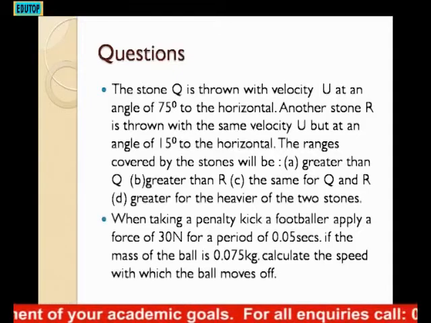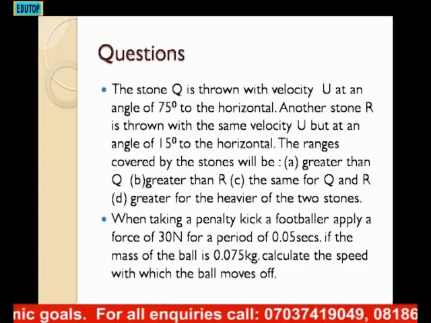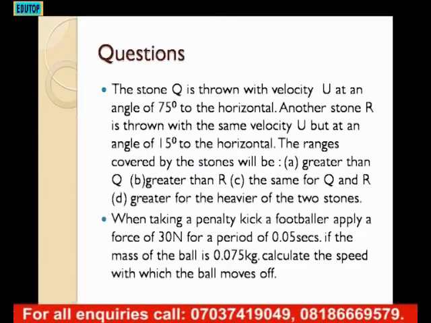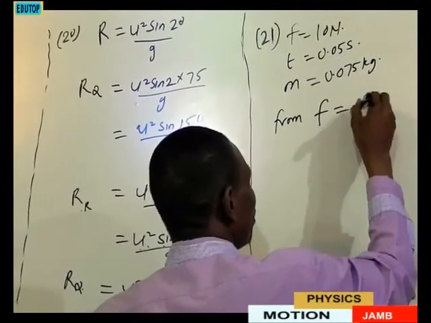This question is about momentum, Newton's laws of motion. In this question, we are given the force F to be equal to 50 Newton, and time t equal to 0.05 seconds. Then we are given another value, which is the mass of the ball, 0.075 kilogram.